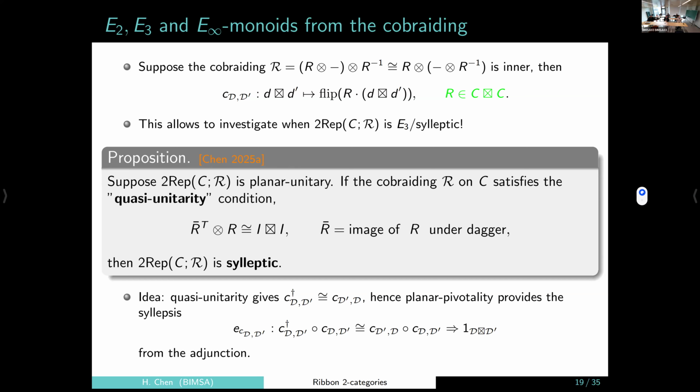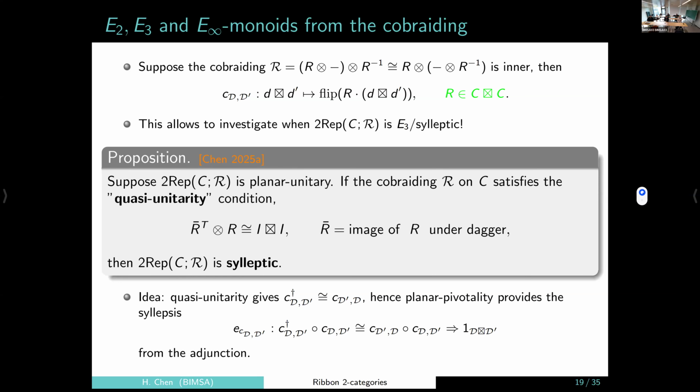And if I give you a Hopf category, which is cobraided, and the cobraiding looks like this, then my statement is that, yes, you're able to characterize when your 2-category is symplectic. And that condition is this quasi-unitarity condition, which looks like this.